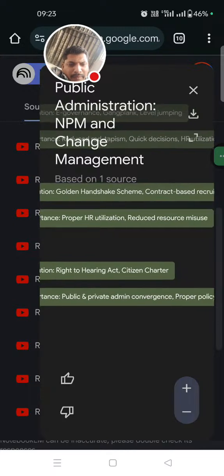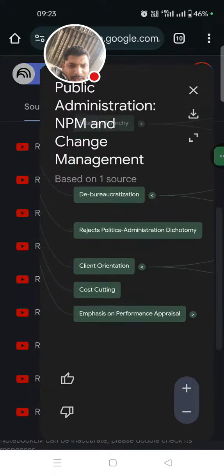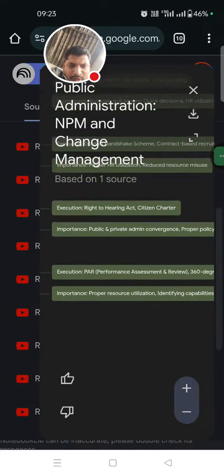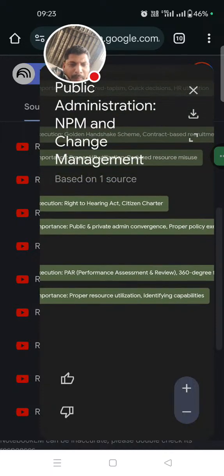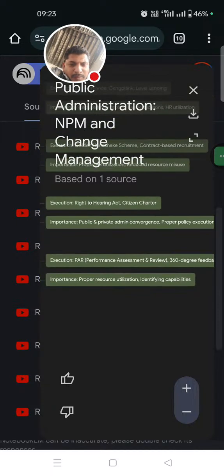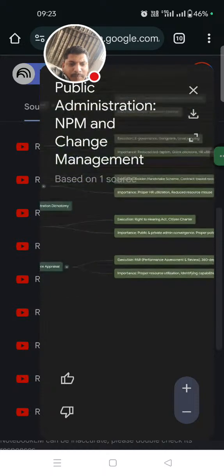Importance: public-private convergence and proper policy execution. Then cost cutting for NPM and emphasis on performance appraisal, with performance assessment and review and 360-degree feedback, important for proper resource utilization and identification of capabilities.